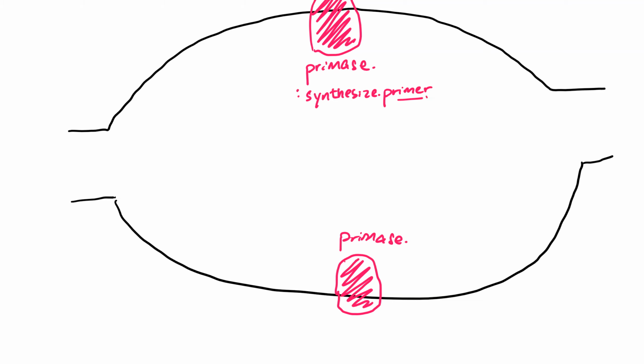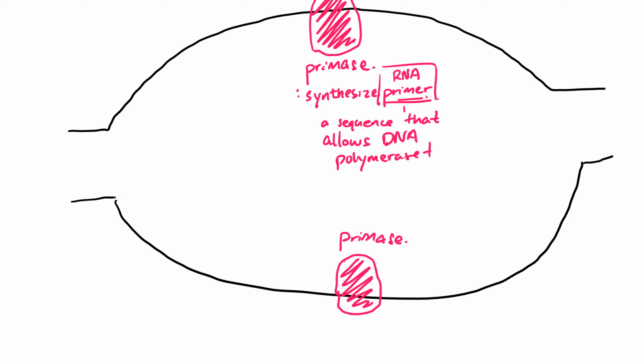So what is a primer? A primer is an RNA sequence that allows DNA polymerase to bind. So a primer is a sequence that allows DNA polymerase to bind and initiate DNA replication.